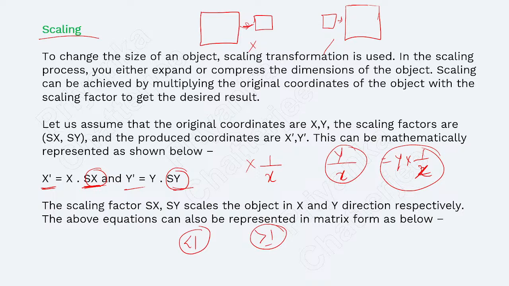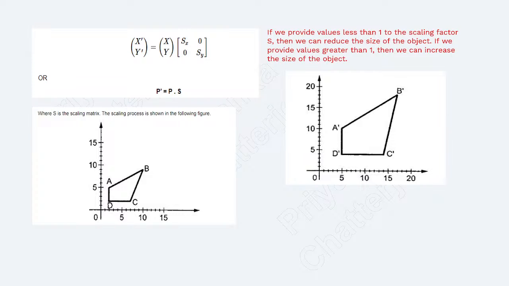And that's why with scaling, what you have to remember is that if we provide a value less than 1, then the scaling factor will reduce the size of the object, and if we provide a value greater than 1, then it will increase the size of the object. This is the way scaling works.